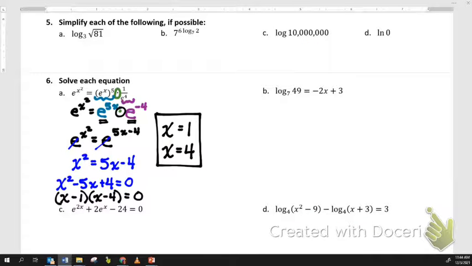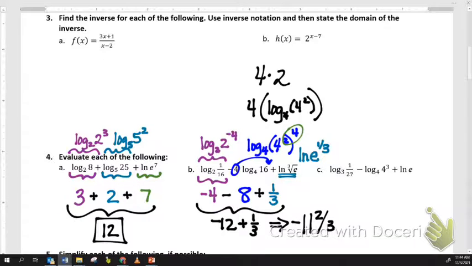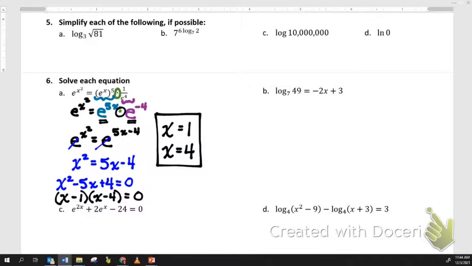Part B. This is another one. This is kind of why I showed what I did back here on number 4, part B. We could use the change of base there, multiply by the 4. Here, I would use my powers property.